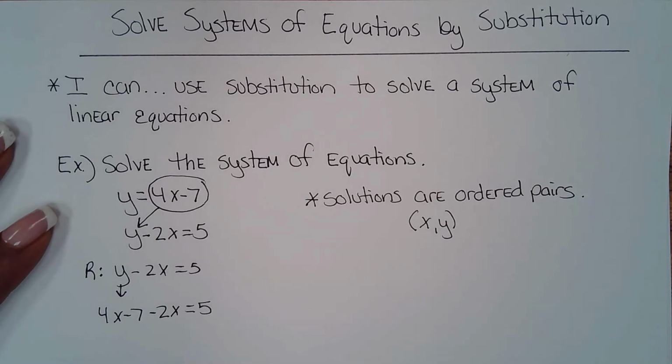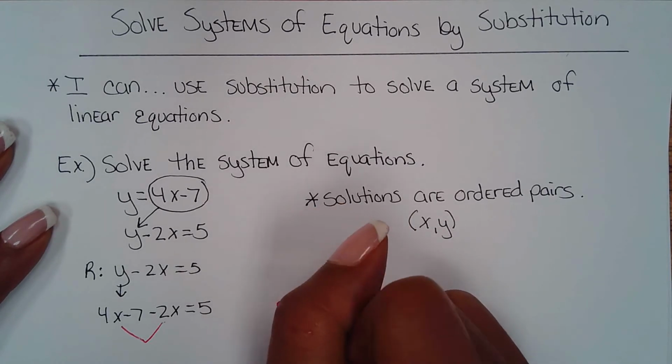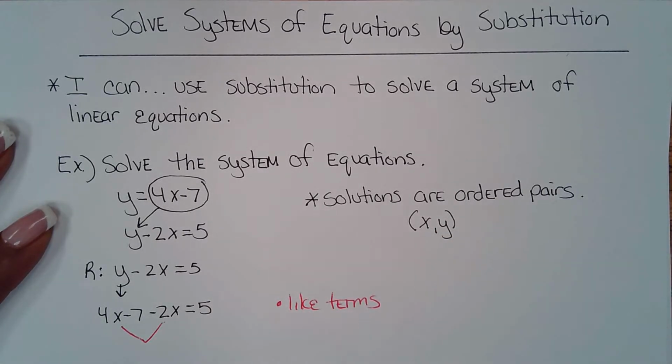The next step is to combine my like terms. My like terms are 4x minus 2x, and that simplifies to 2x. And then, of course, bring everything else down.